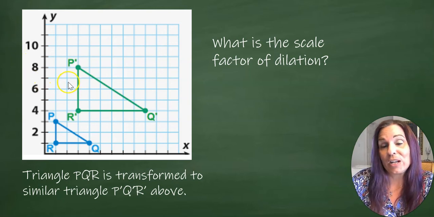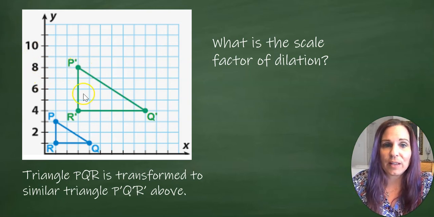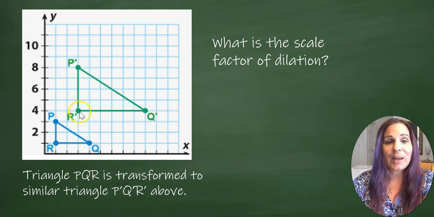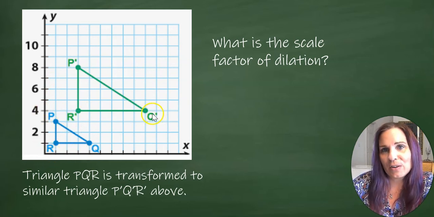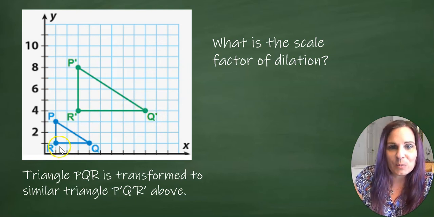Like in this, these are right triangles. So we could look at the leg lengths. We could also look at distance from the origin. Now, because distance from the origin is diagonal here, that's going to be harder to figure out because we'd actually have to use something called the distance formula. So instead, we can just look at the side lengths.